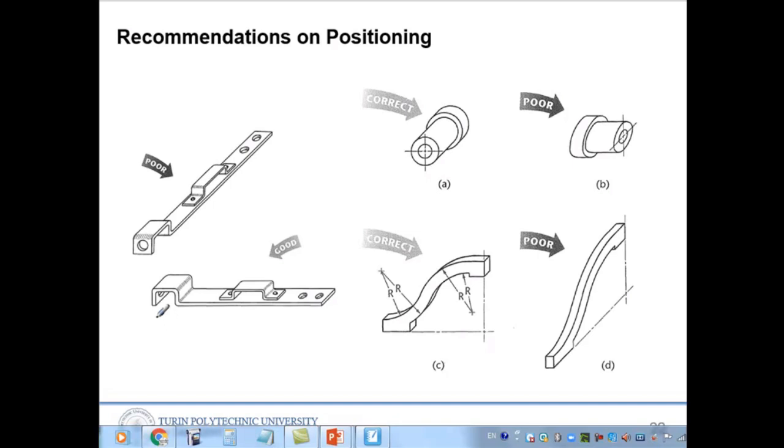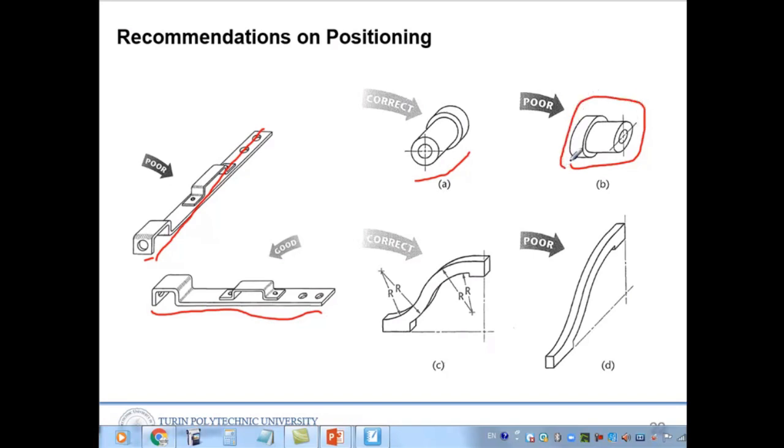If you position the object in this way, you cannot measure the distance, you cannot even roughly understand how big it is. For this example it is the same: if you position it like this, it does not look good, it does not look similar to reality.